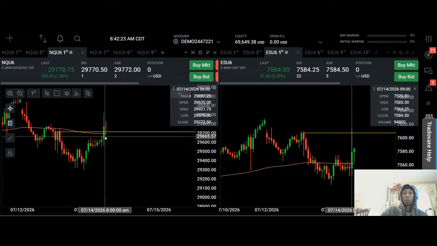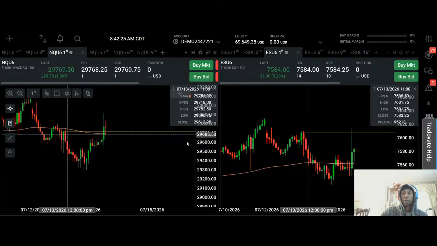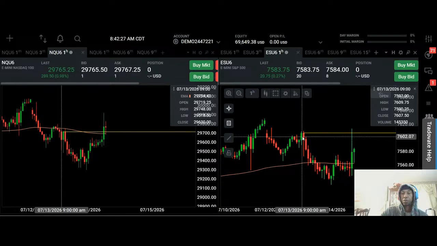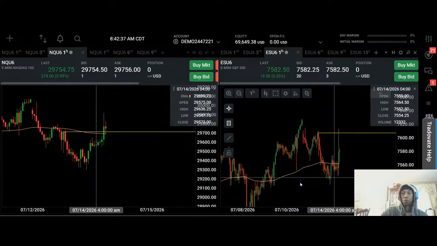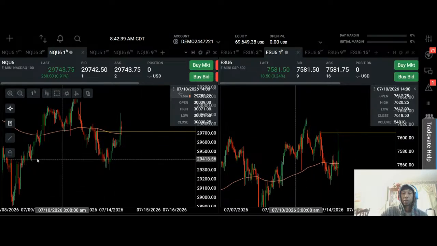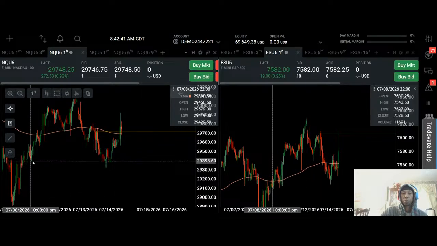Well, NQ has closed with a body over that high right there. That is an important high for me as well. That's on the 1 hour. Let's see what they want to do real quick, dude. Because you really can't tell what they really want to do.